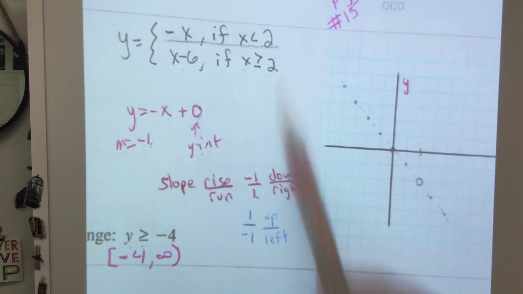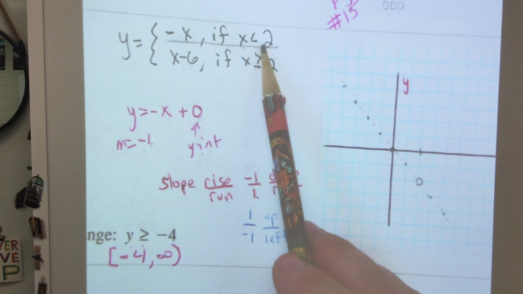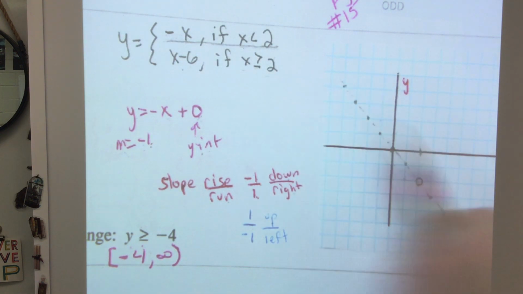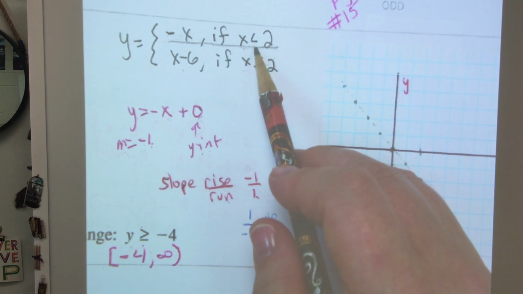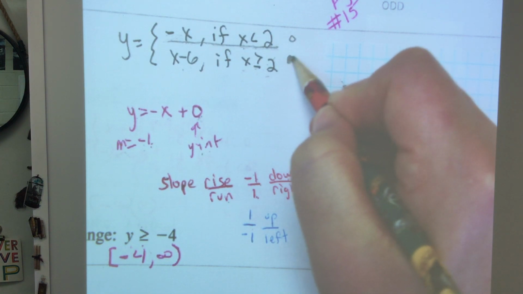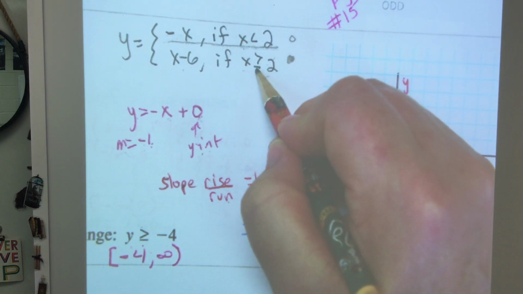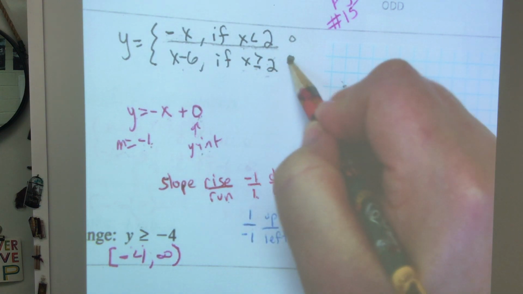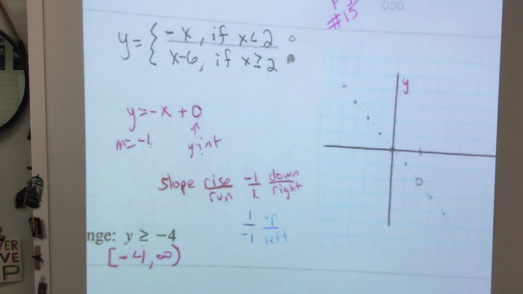And then I can look and say, okay, x is less than 2, and it's an open circle. This one would be the open circle, this one would be the closed circle, because this one is just less than, this one's greater than or equal. This equal sign makes this a closed circle.